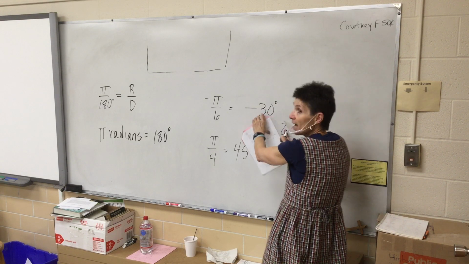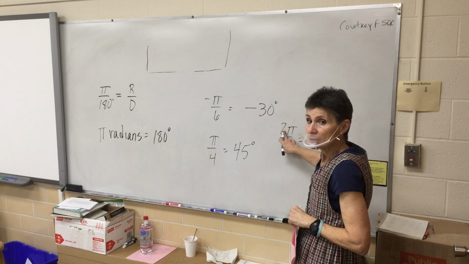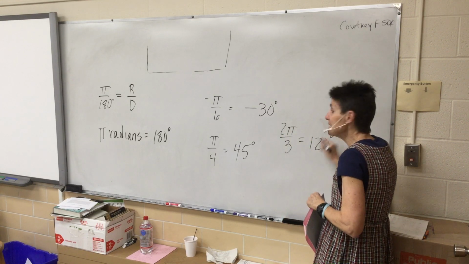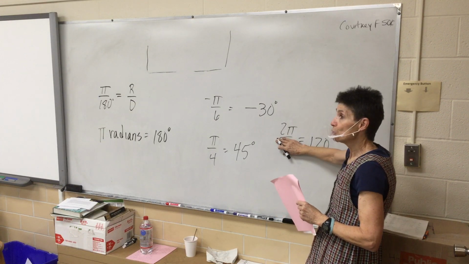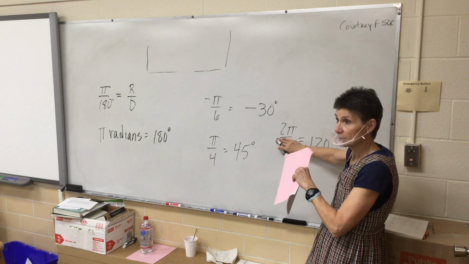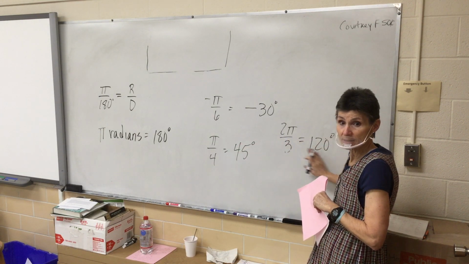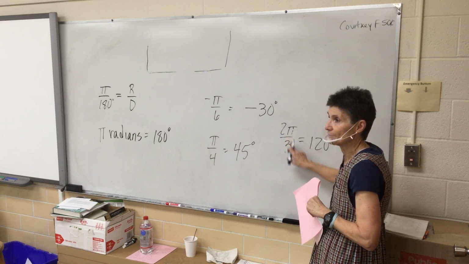But then I got to times it by 2. 120. Now, you can also do 2 times 180, which is 360, divided by 3 is 120. You can do it either way. You can multiply first or divide first.